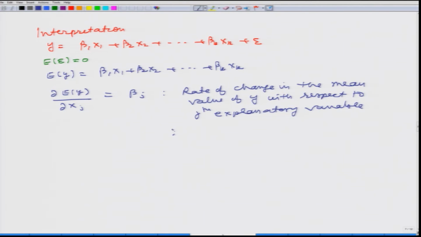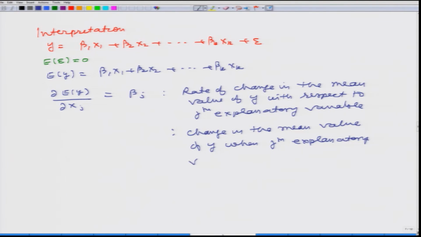So this essentially denotes the change in the mean value of y when the jth explanatory variable changes by 1 unit.